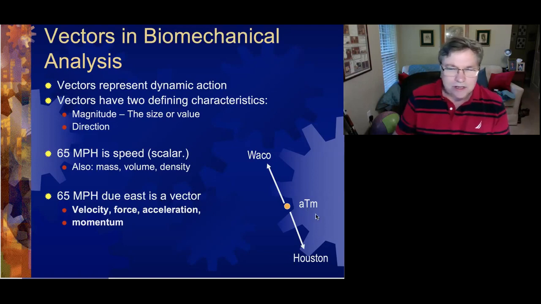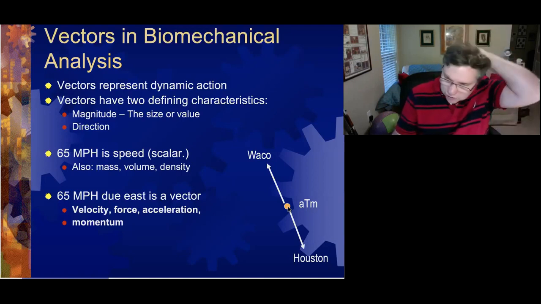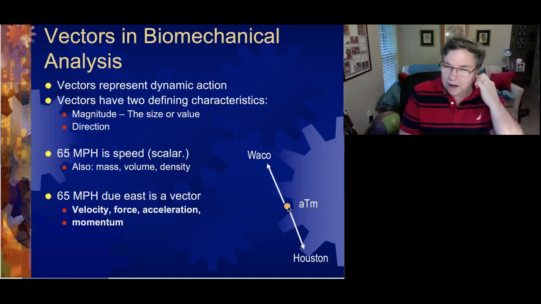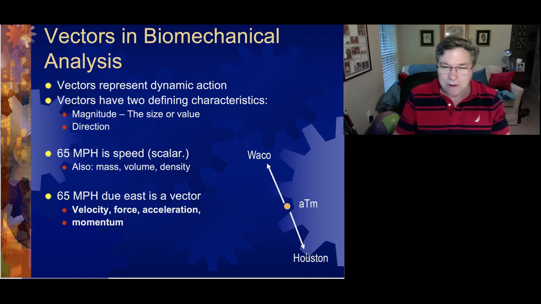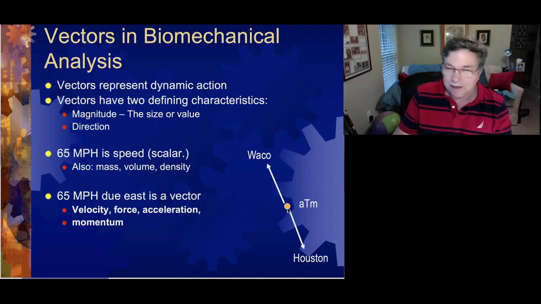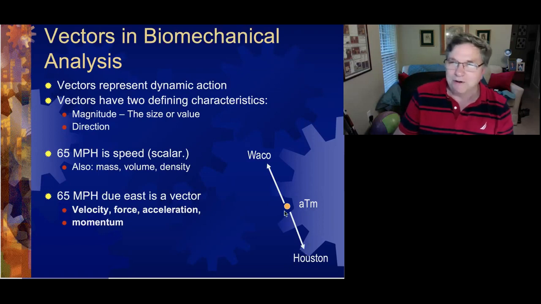And direction is key. For example, if we get on Highway 6 and we want to go down to Houston, because we've got some family down there, and maybe we haven't seen a brother or sister or aunt for a while, and we happen to be here in College Station, we'd have to turn that arrow around, wouldn't we?